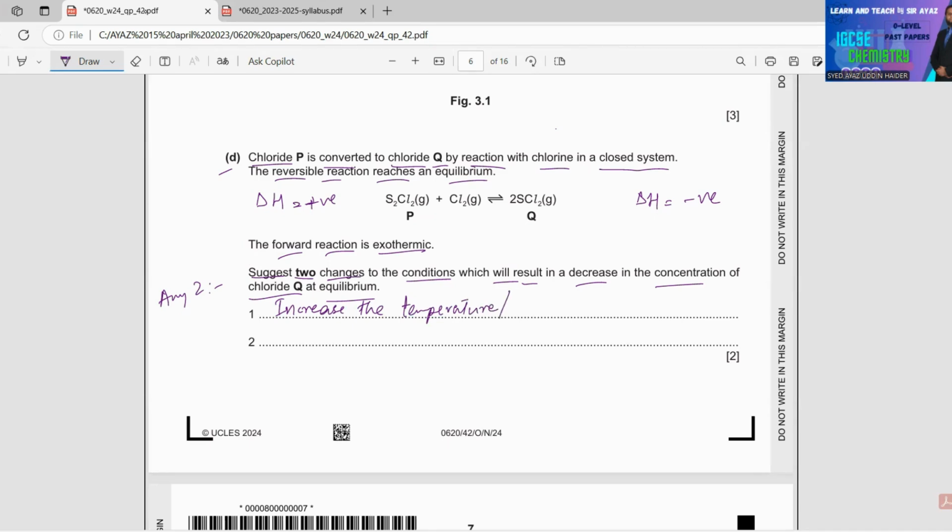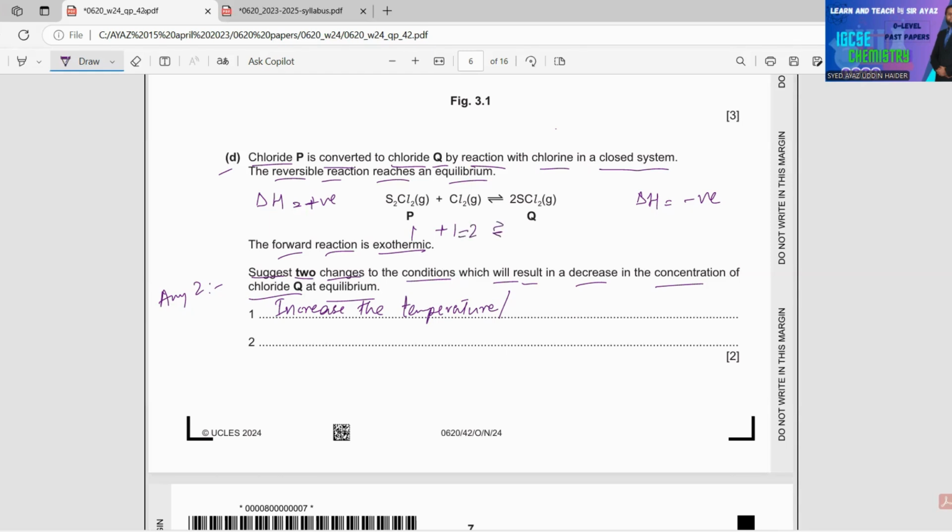Or what else you can do? If you look at the moles of gases, we have gases on left hand side as well as on the right hand side. On the reactant side, we are having 1 plus 1, so on the left hand side, we have 2 moles.